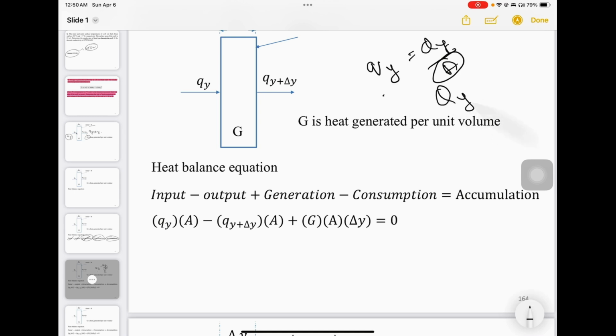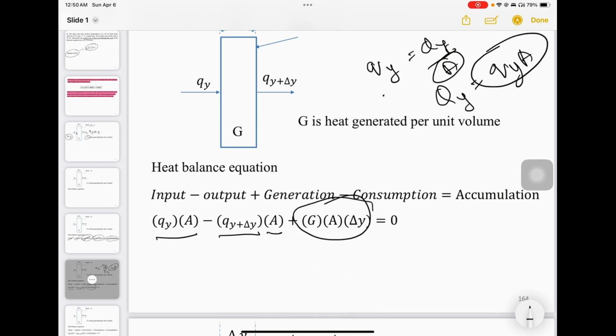So rate will be equal to flux into area. So Qy A minus Qy plus delta y A plus generation. Generation is heat generated per unit volume. Our volume will be area into the thickness.